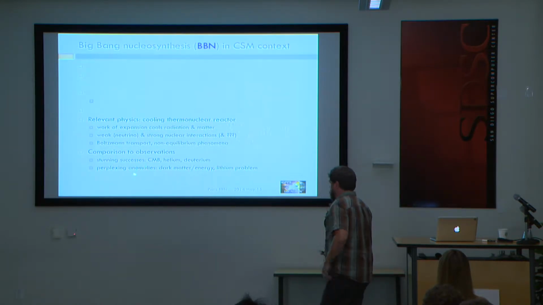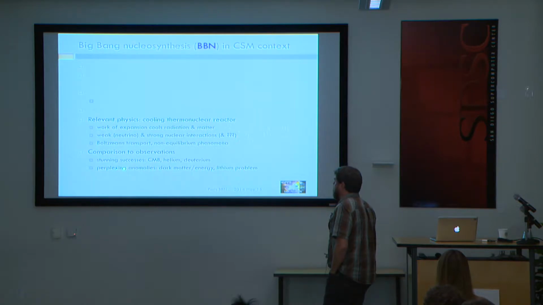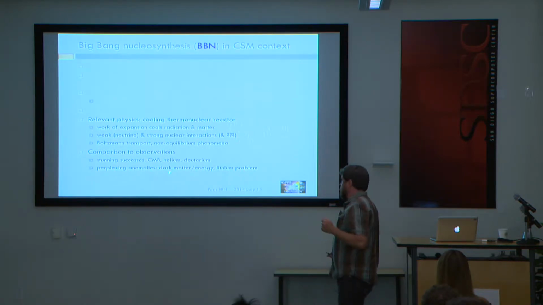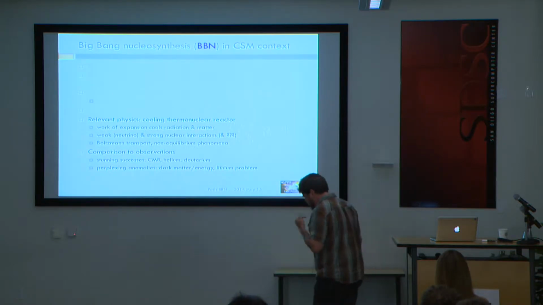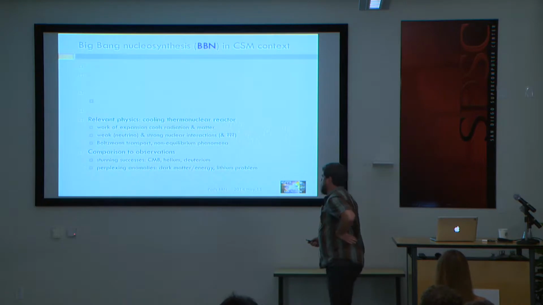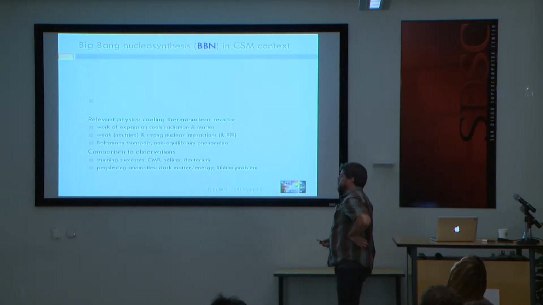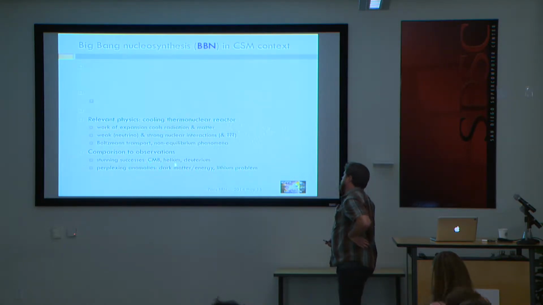So just to put 5 decades into 2 lines, there have been some stunning successes with the hot Big Bang model. In particular, the expansion of the universe was predicted and observed. The cosmic microwave background also.